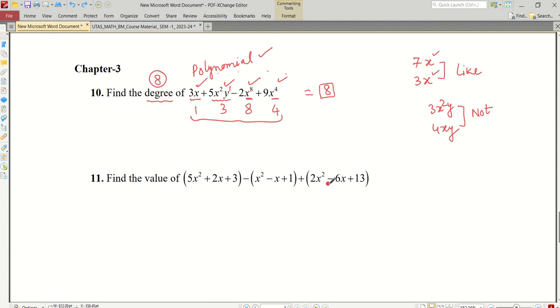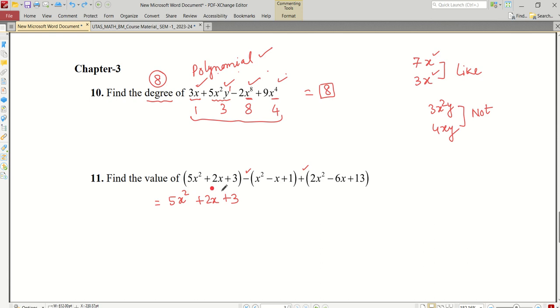So here we need to search for the like terms. What do you need to do? Look, this is one bracket. Here before this is plus. Nothing means plus. Here before this bracket is minus. Here before this bracket is plus. So first we will open the bracket. So 5x power 2 plus 2x plus 3. No change here because here no negative.